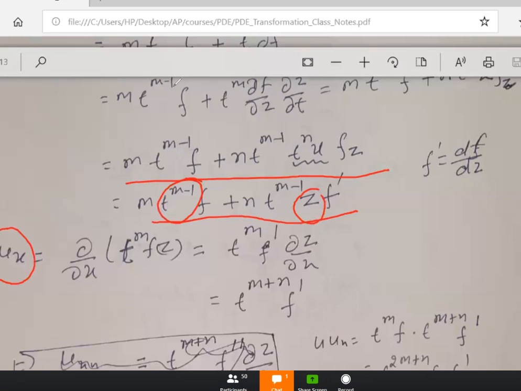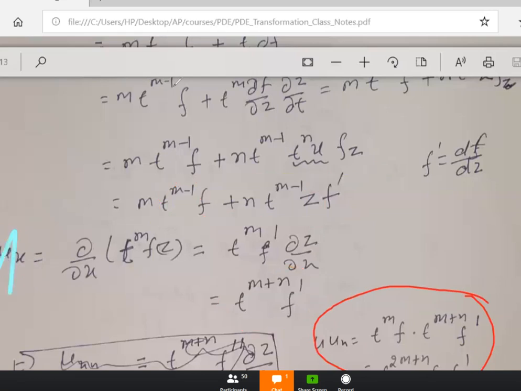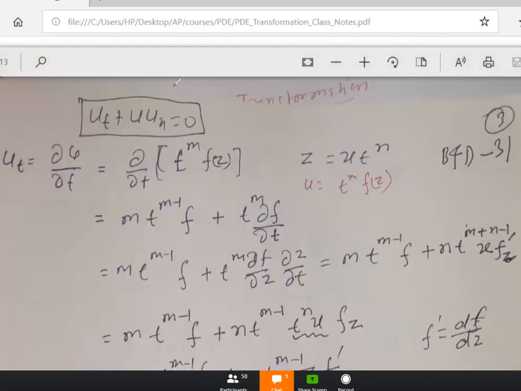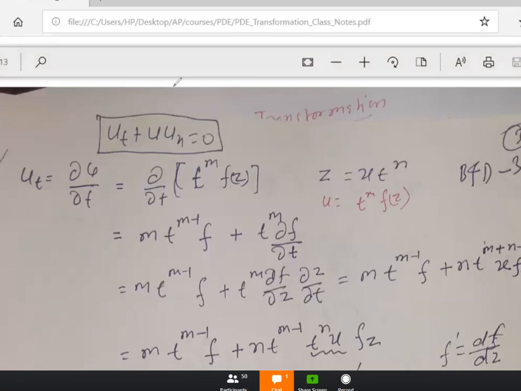So u_xx will be this, and put all these terms in the differential equation. So basically we got u_t, you got u_xx, just put it there.